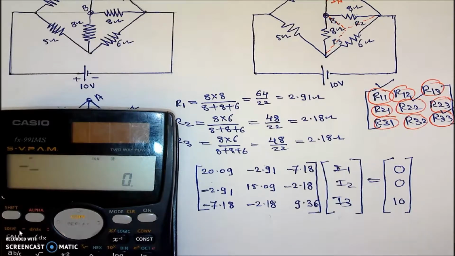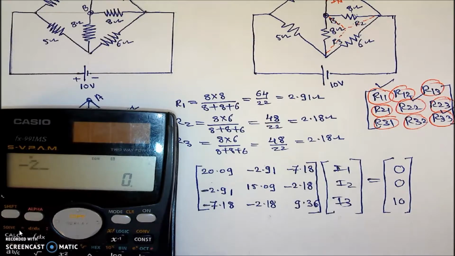Then minus 2.91, then 15.09, then minus 2.18, constant again 0. Then minus 7.18, then minus 2.18, then the third value is 9.36, and the constant is 10.